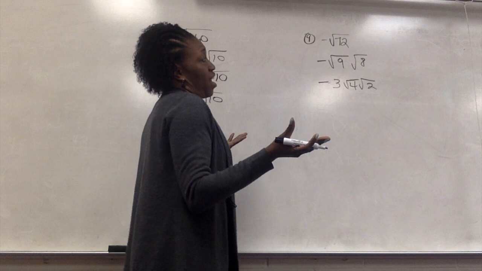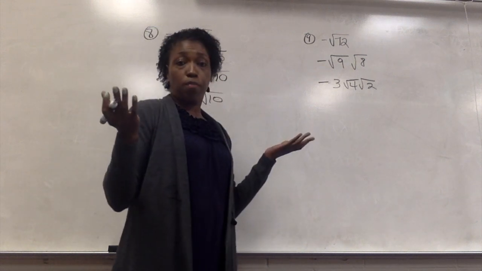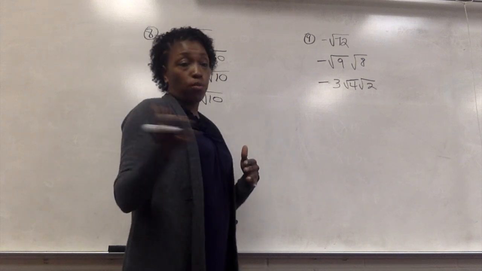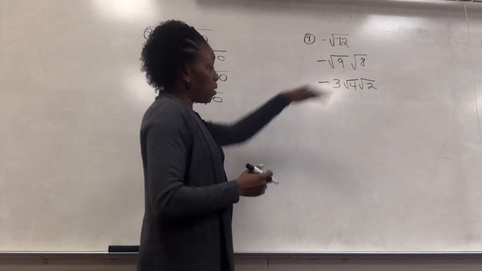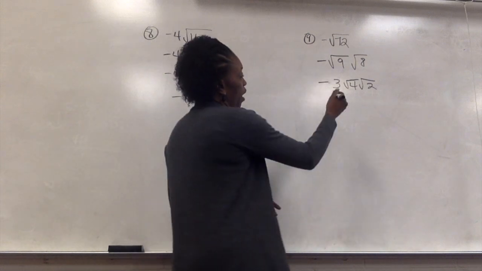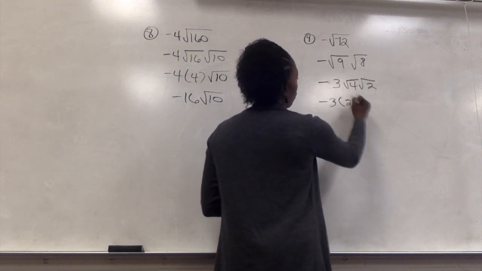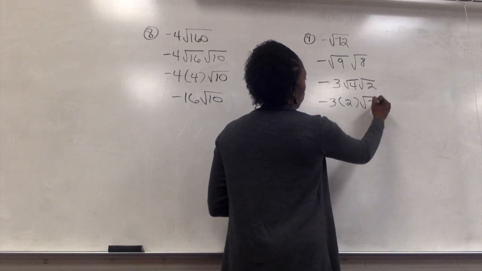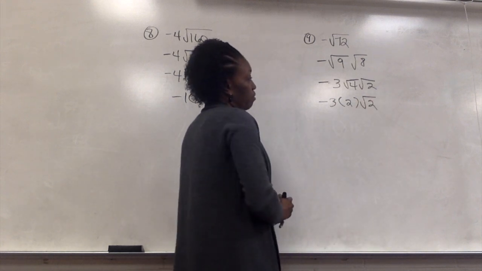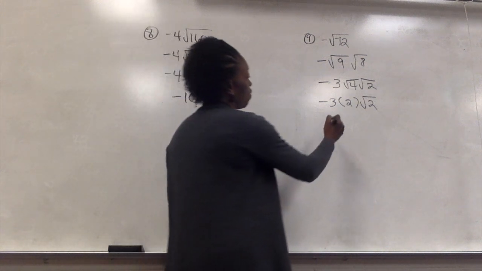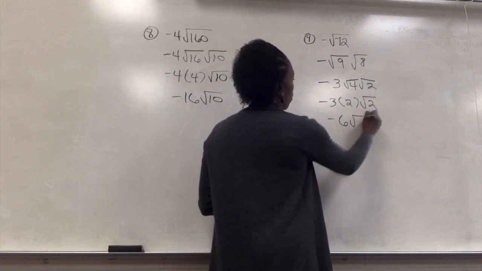Or you may find another perfect square at the very beginning. That's different, and I'll show you another way in just a minute. So now I see I have negative 3, the square root of 4 is 2, and then of course the square root of 2. Now I'm going to simplify this like I did over here and get negative 6, square root of 2.